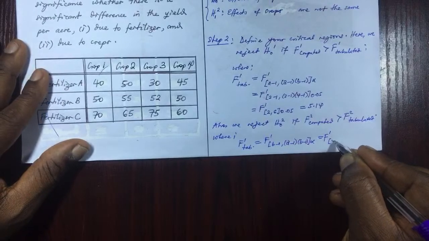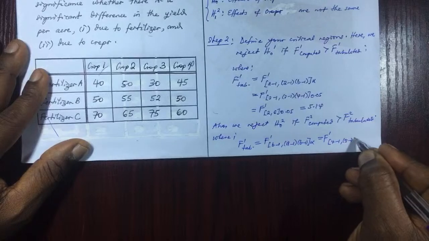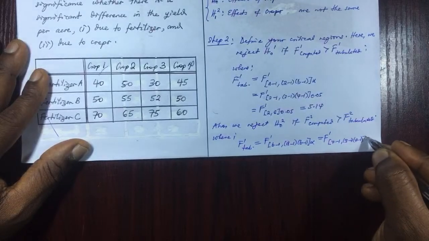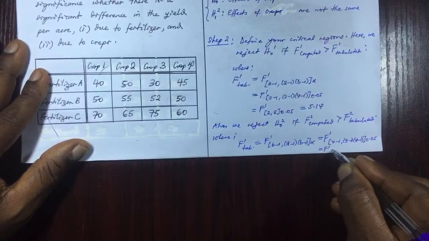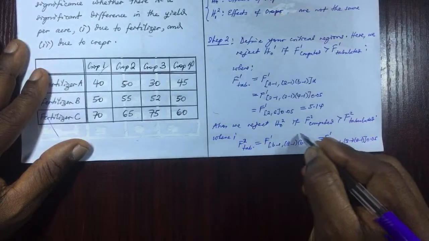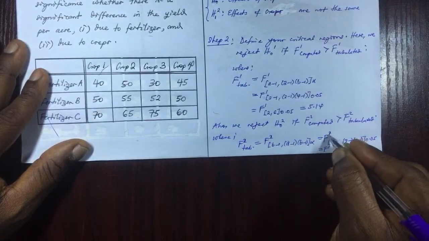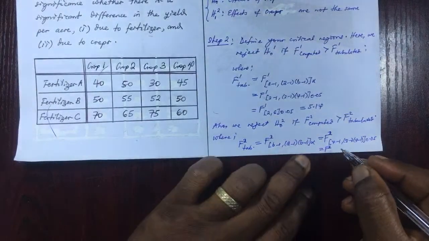There are 4 blocks, so you have 4 minus 1, and 3 minus 1, 4 minus 1 at 0.05, and this will give you F2, please. Point of correction, because we are talking about the second F value.